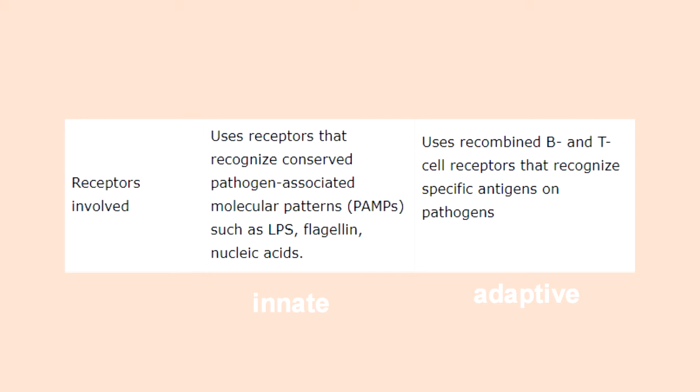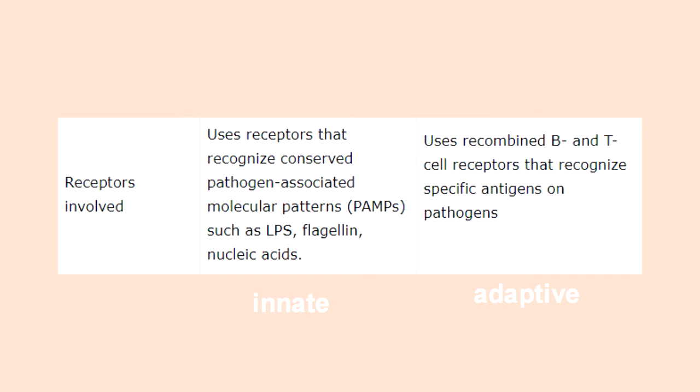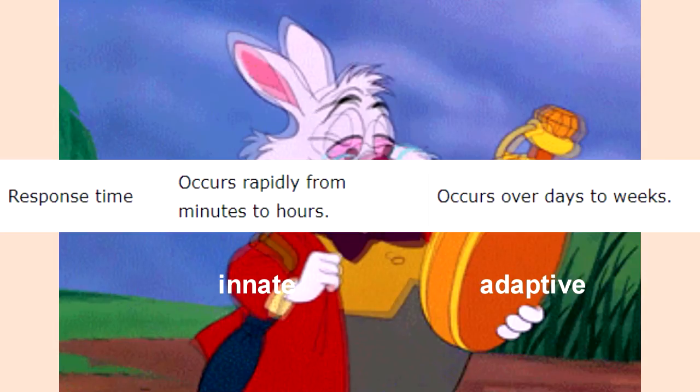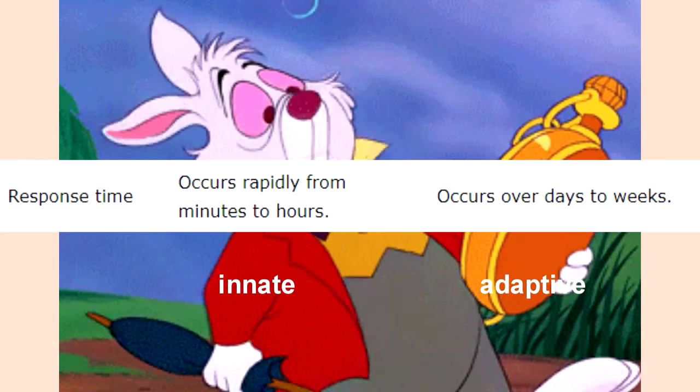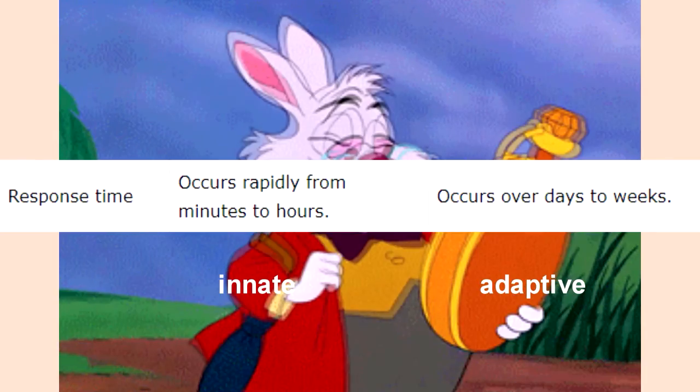For the receptors involved, innate immunity uses receptors that recognize conserved pathogen-associated molecular patterns, or we could call it PAMPs for short, such as LPS, flagellin, and nucleic acids. Meanwhile, adaptive immunity uses recombined B and T cell receptors that recognize specific antigens and pathogens. Innate immunity response time occurs rapidly, from minutes to hours.